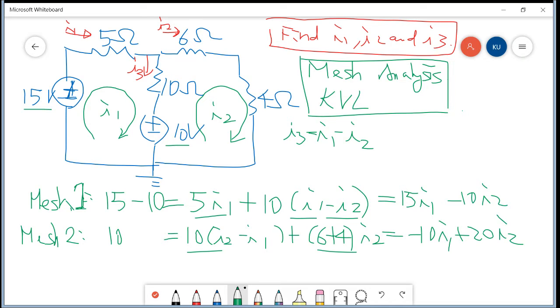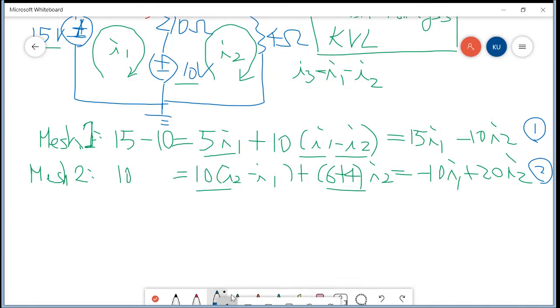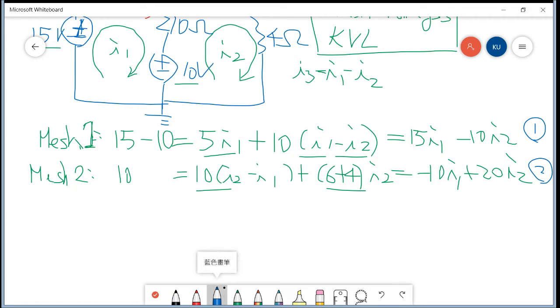Okay, so let's see. We can call these equation 1 and equation 2. For equation 1, we divide it by 5. So we have 3I1 minus 2I2 equals 15 minus 10 is 5, divided by 5 is 1.